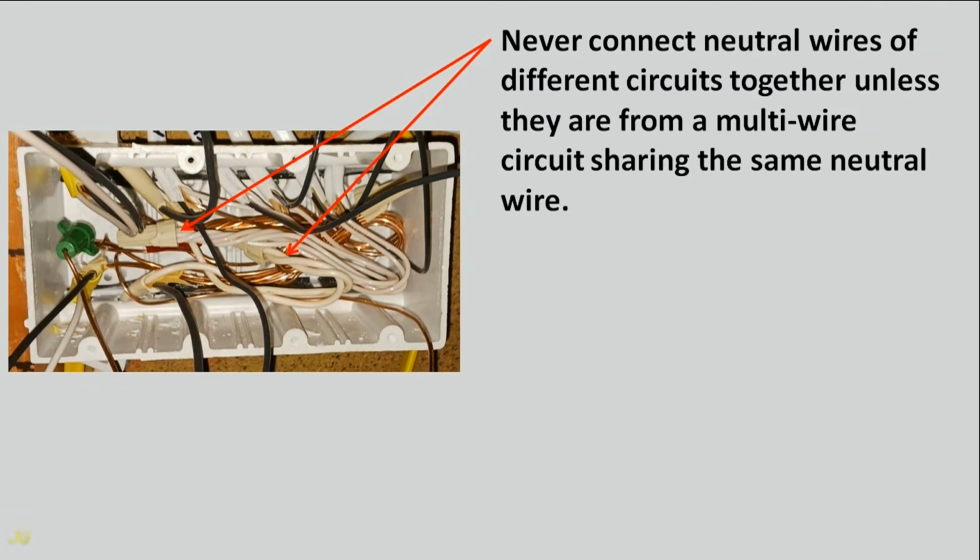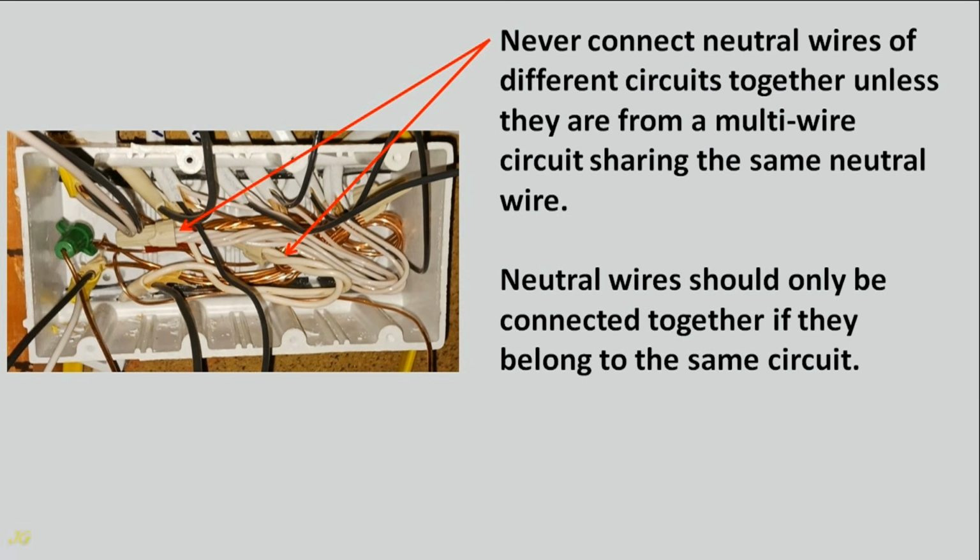Never connect neutral wires of different circuits together unless they are from a multi-wire circuit sharing the same neutral wire. Neutral wires should only be connected together if they belong to the same circuit.